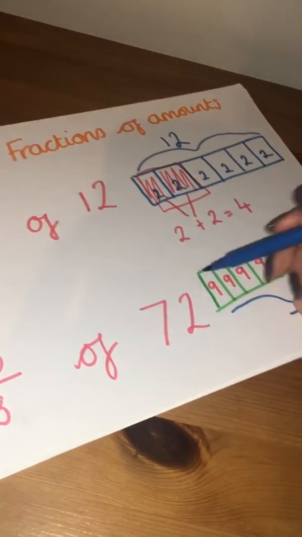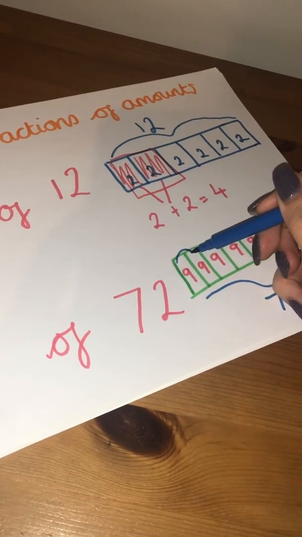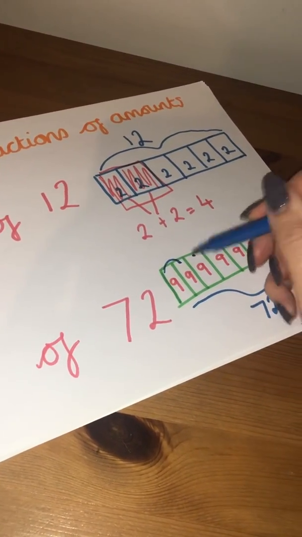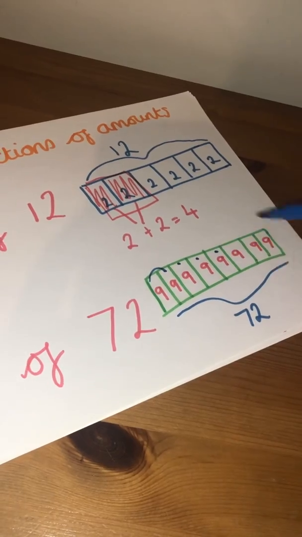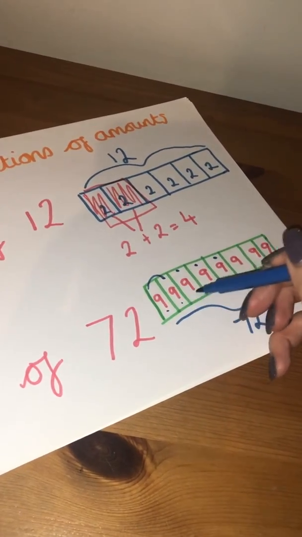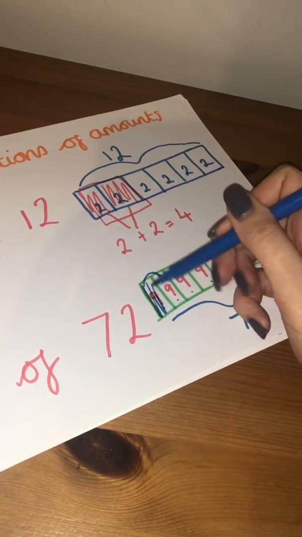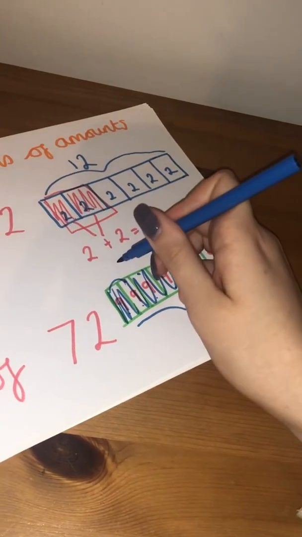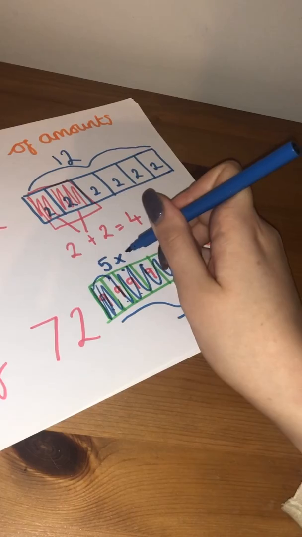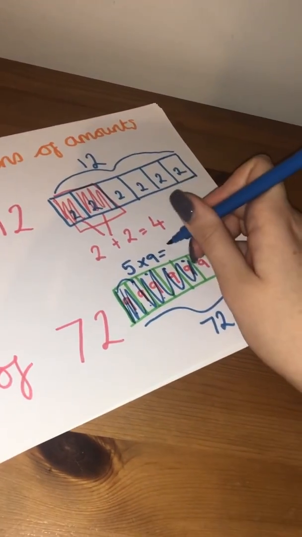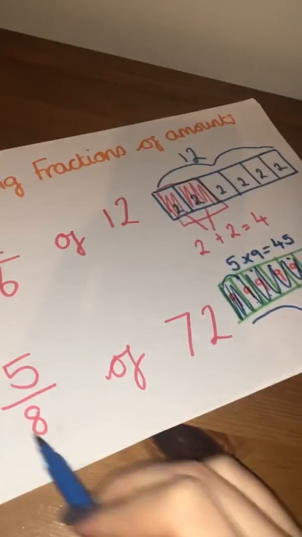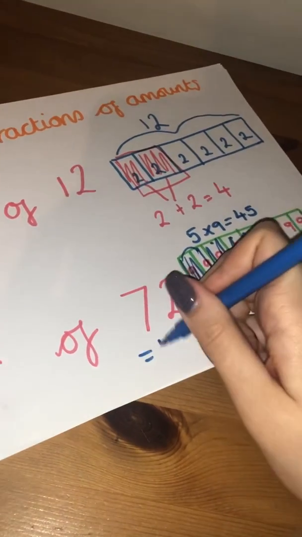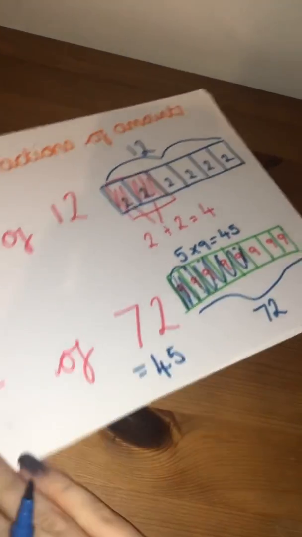So I need 1, 2, 3, 4, 5 of those. All of these bars, how much the question's asking me. Therefore, it is 5 times 9, which is 45. So 5/8 of 72 equals 45.